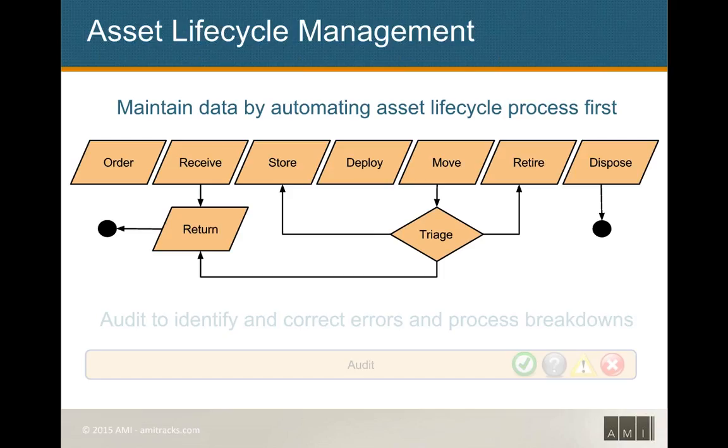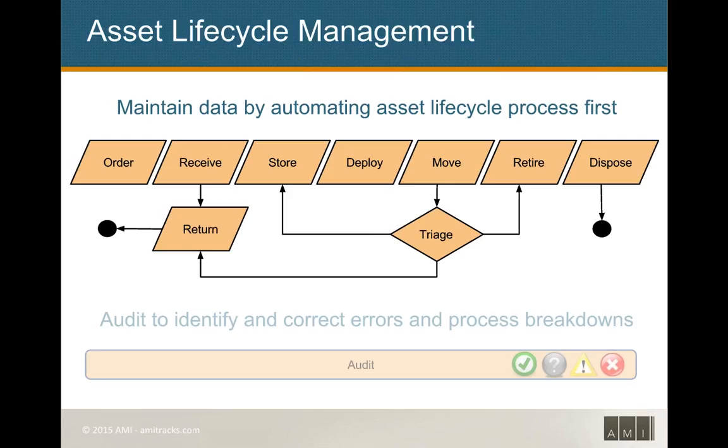Or more realistically, for most of us who are still implementing mobile apps and barcode-based asset tracking processes, people are going to receive equipment and not scan it in. They're going to steal stuff off the dock and deploy it to users without tracking them. Managers are going to take assets from departing employees and give them to another employee without telling asset management. These things are going to occur, and the database is going to degrade over time.